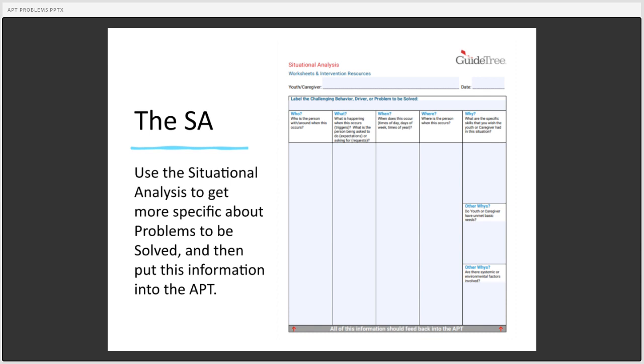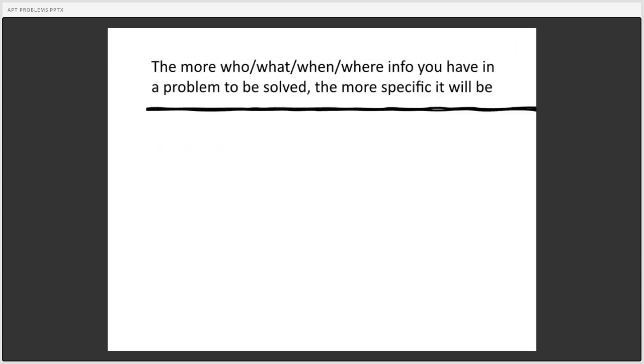There's another tutorial that you can listen to that goes into the situational analysis a little more deeply. But for our purposes here of making this list of problems to be solved, the point I want to make is that the more who, what, when, and where information you have in a problem to be solved, the more specific it will be. So if you have all four of these elements, then it's a super specific problem to be solved. But if you have 2 or 3 of them, you're doing pretty well.